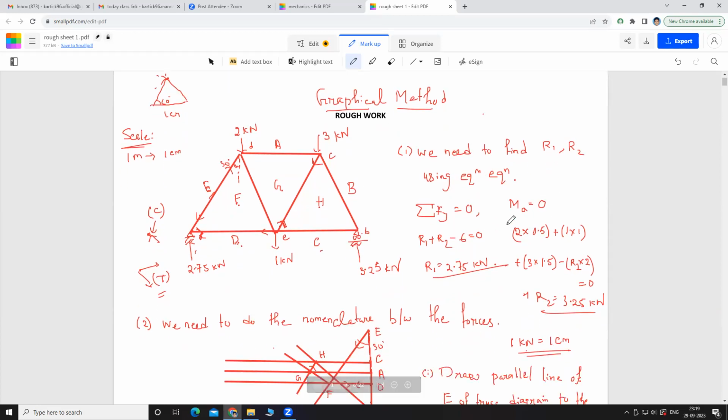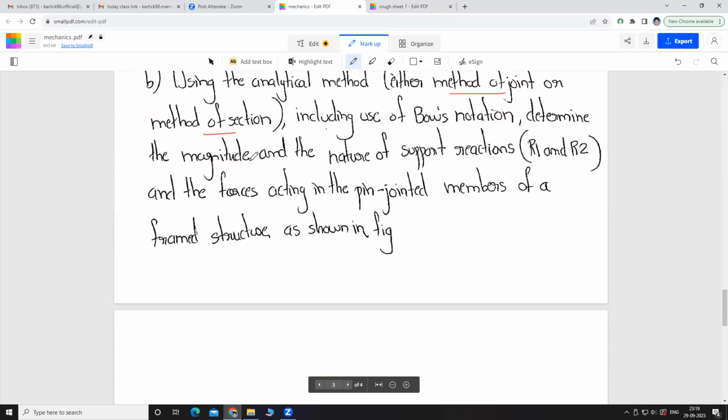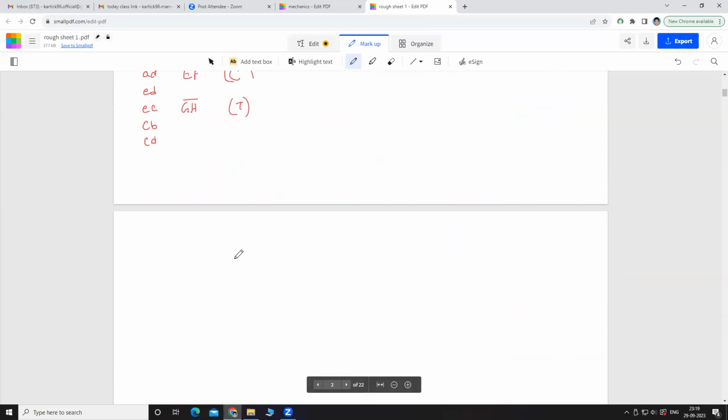If you use method of joints or method of sections or graphical, whatever, the equilibrium reactions you need to find in this way. Now to find out the forces in the members, if we look from here, first of all we'll try the method of joints.